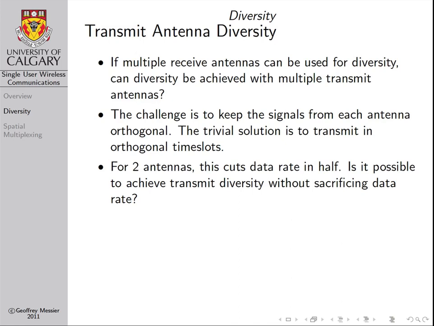So the logical question is, is it possible to achieve transmit diversity without sacrificing data rate? As it turns out, the answer is yes for two antennas, but unfortunately no for more than two antennas.